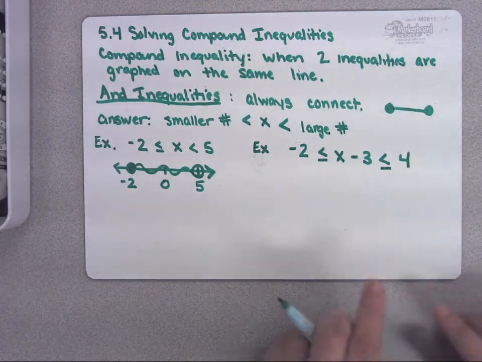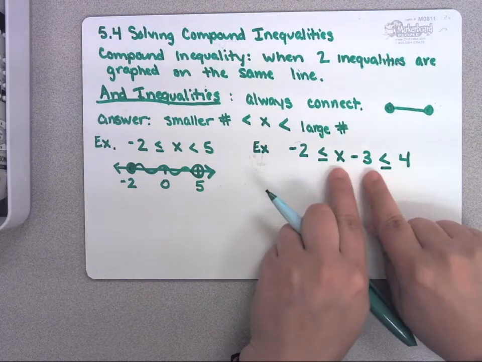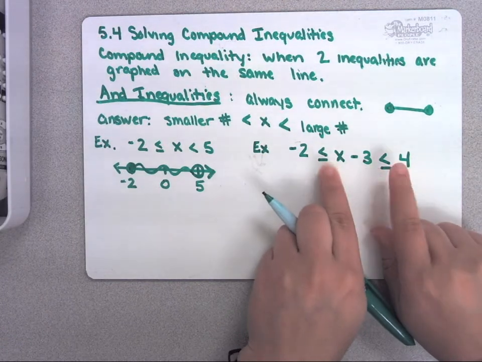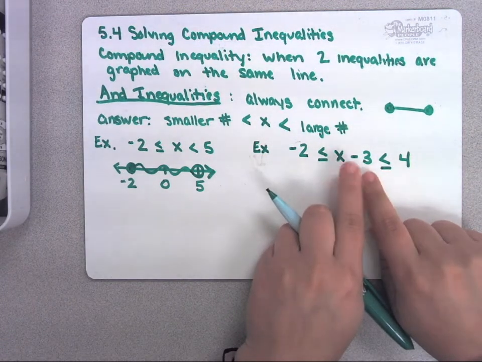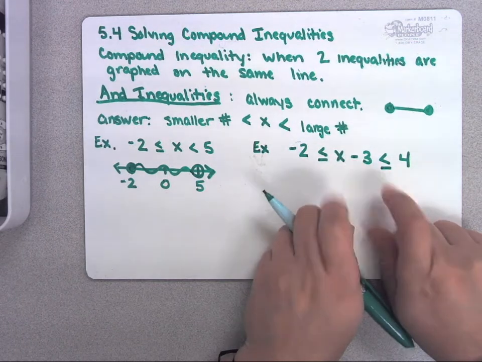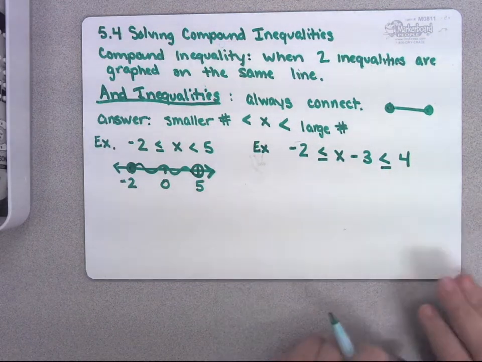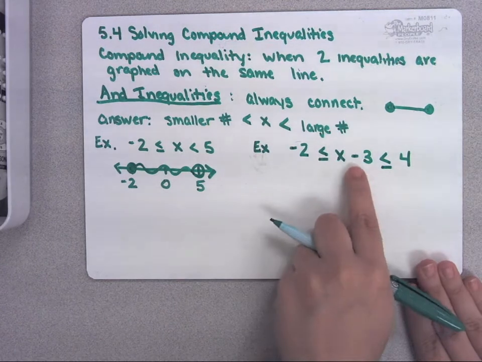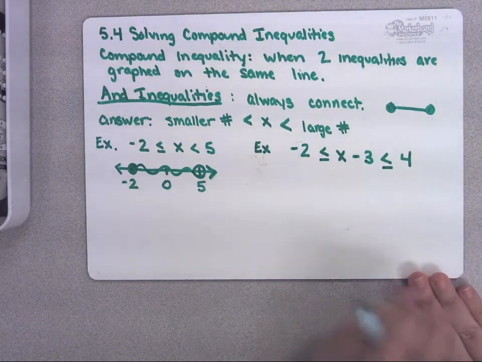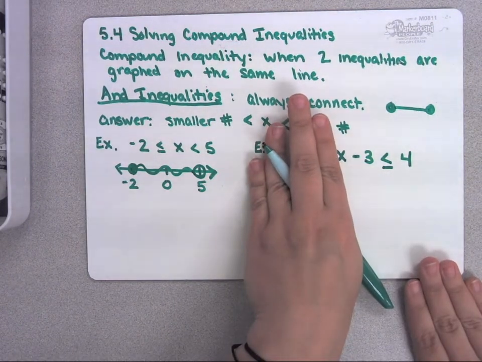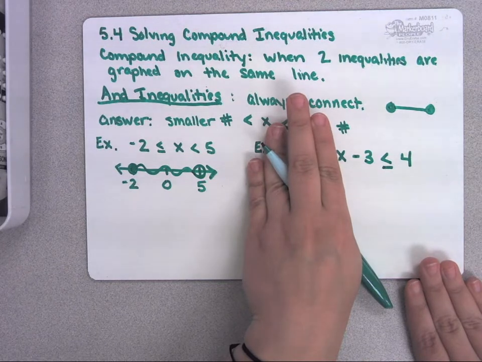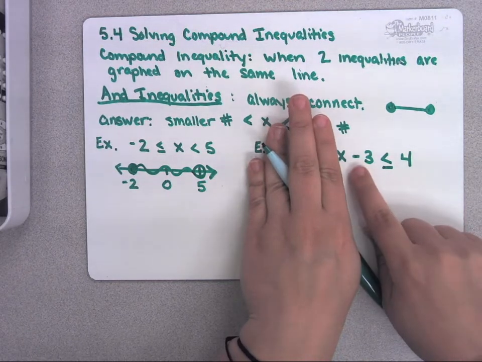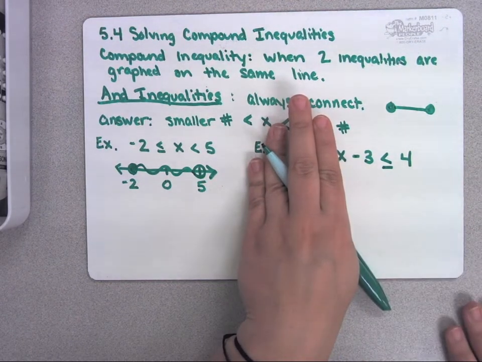So in this one, with the x, is the x completely by itself in between the two signs? No, what's with the x, Jesse? -3, right? -3 really means -3. So if this was just a normal equation, how would we get x by itself? Move the 3 by doing what?